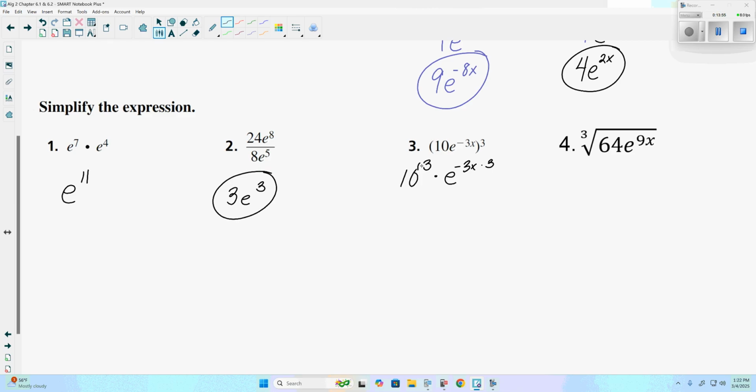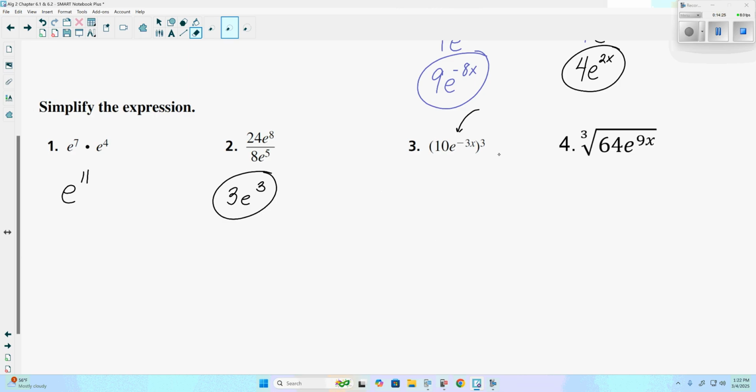This only really works if there's not a plus or minus between the terms. It's not 10 minus e or 10 plus e. We can apply it out this way. 10 to the 3rd, 10 times 10 times 10 is 1,000. Negative 3x times 3 is going to be negative 9x. 1,000 e to the negative 9x.